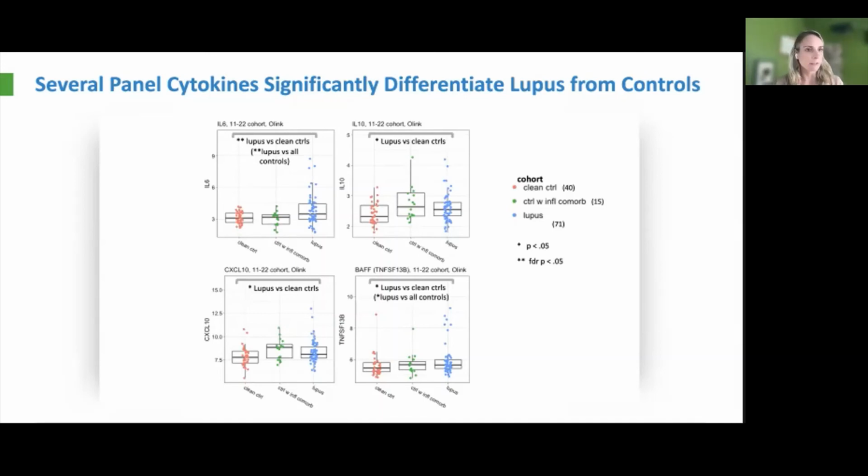She had an abstract accepted for a talk at ACR, looking at the ability of proteomics data, specifically Olink, to predict flares in the lupus patient cohort that we had.